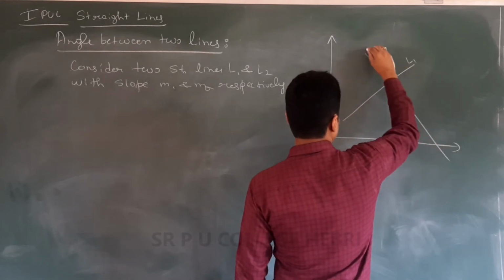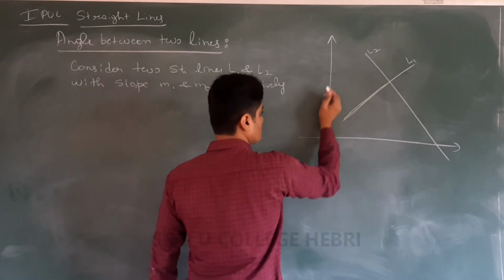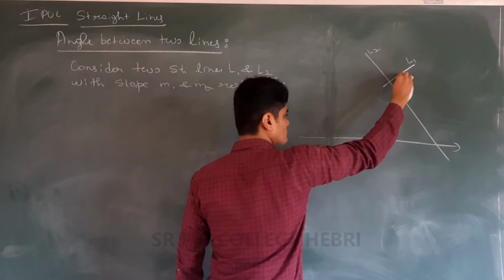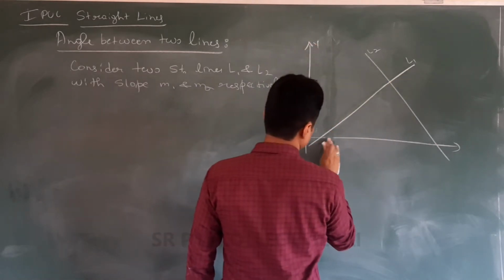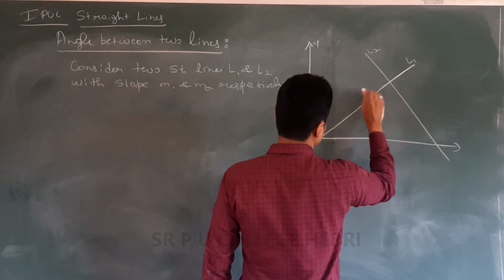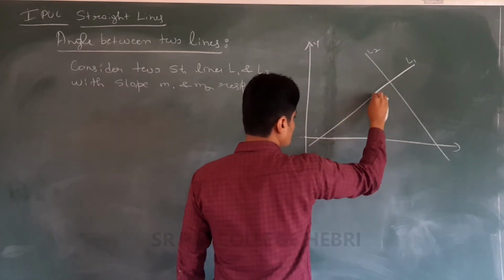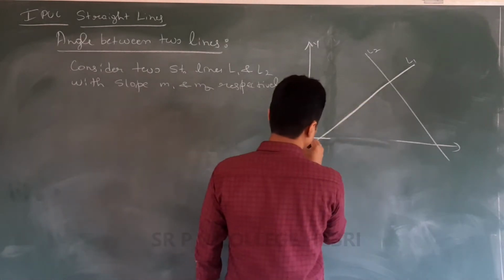Let this be L1, this is L2. Be careful, it should not cut the y-axis, otherwise you complicate the diagram. So let it be, it should not cut the y-axis.